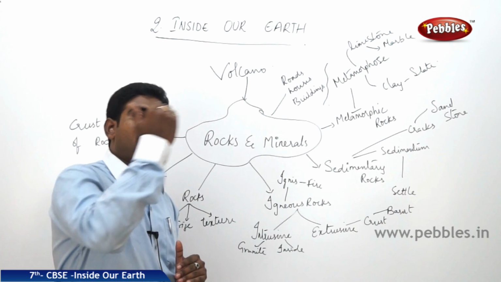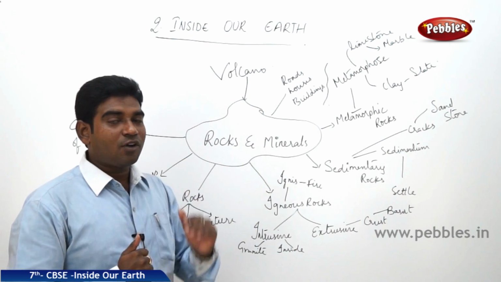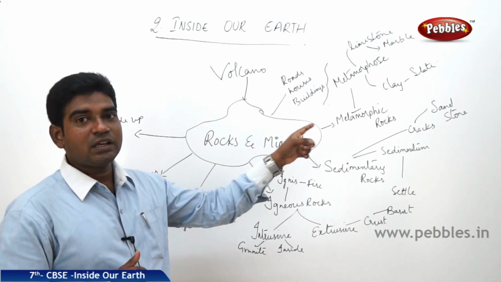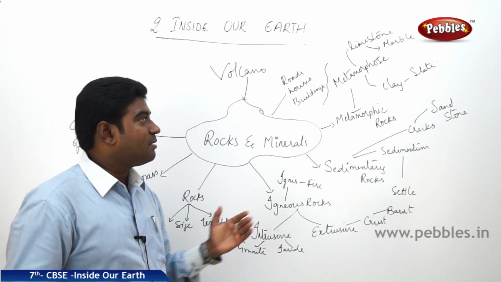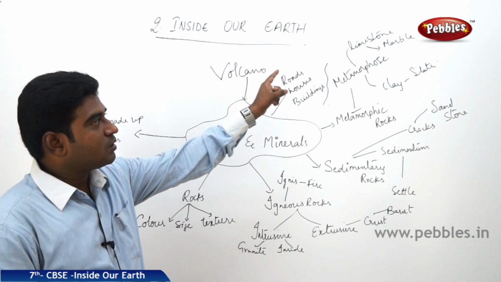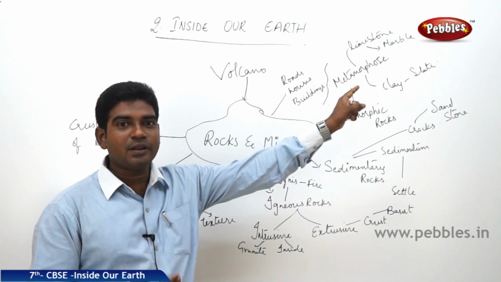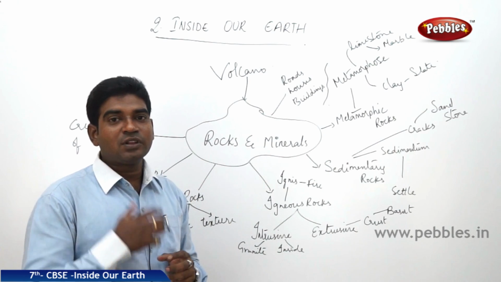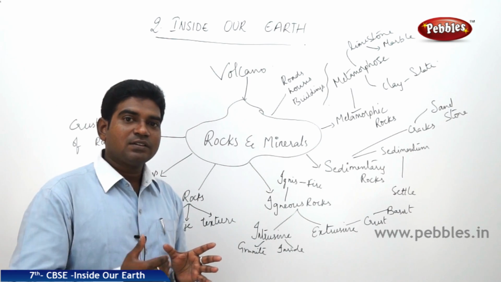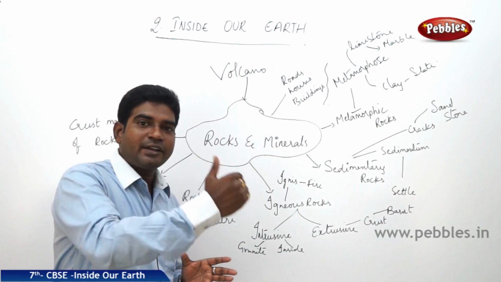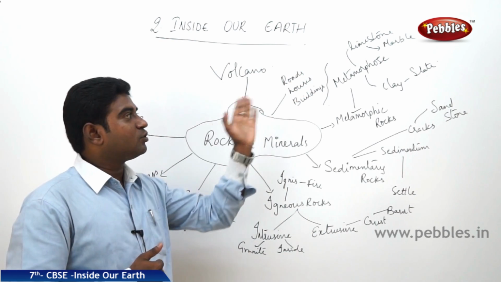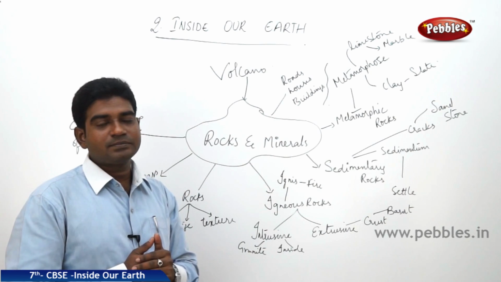They get transformed into another form of rock, and that form of rock is known as metamorphic rocks. For example, limestone gets modified into marble, and clay gets modified into slate. So like this, existing rocks get changed into another form, like lime into marble, clay into slate.